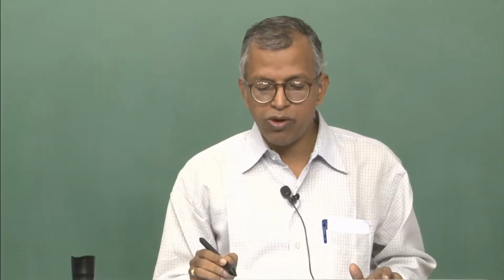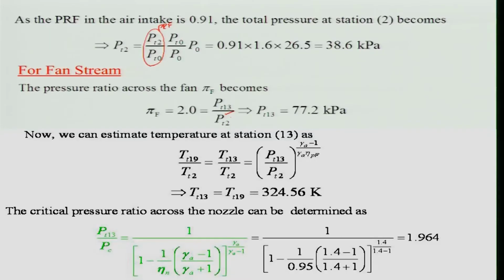Polytropic efficiency we need to consider for the fan, the polytropic efficiency ef, right. And when we substitute these values, you will get T13 equal to 324.56.